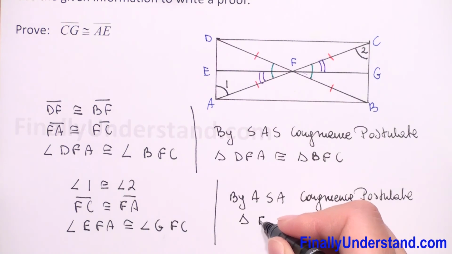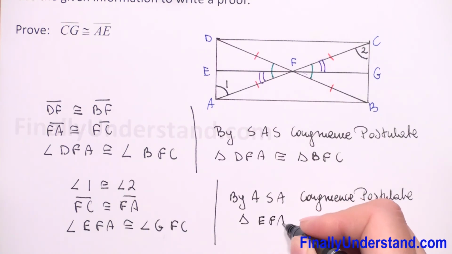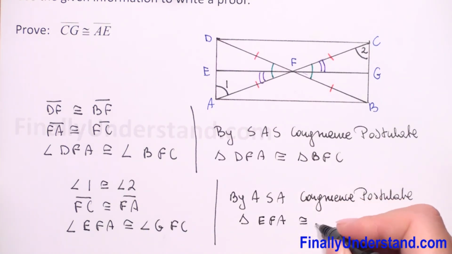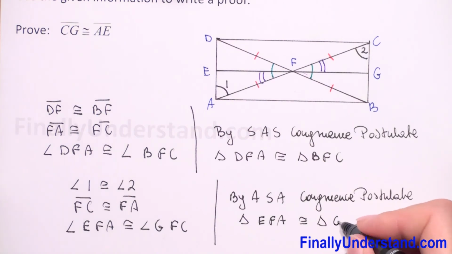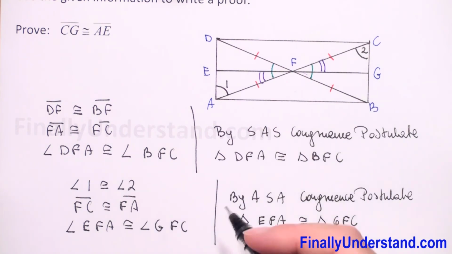triangle EFA is congruent to triangle GFC. So it means that corresponding parts of congruent triangles are congruent. So let me write this.